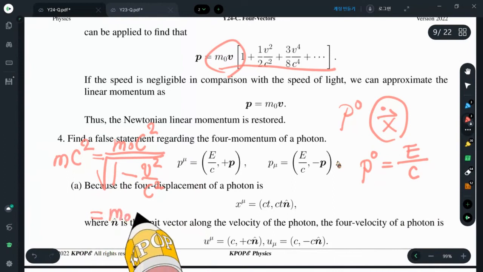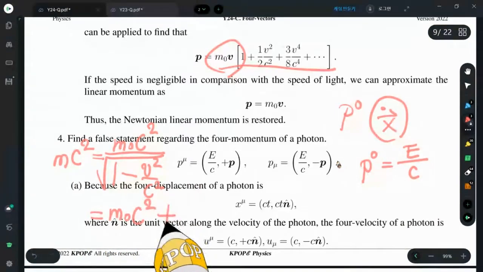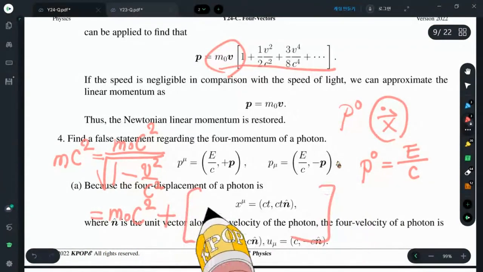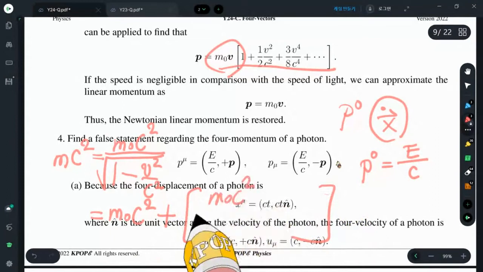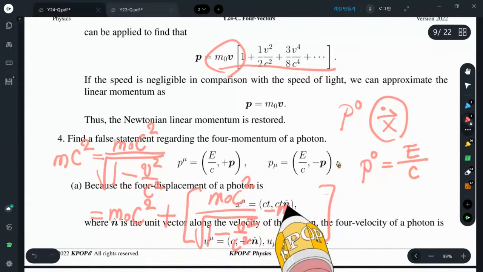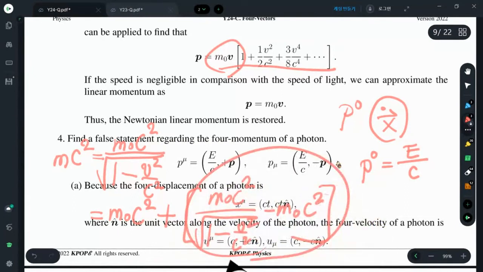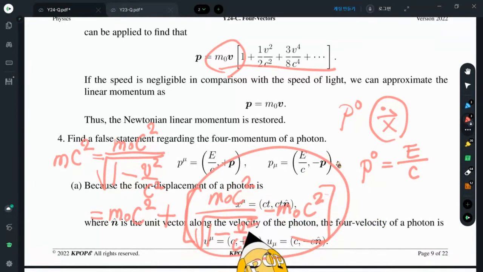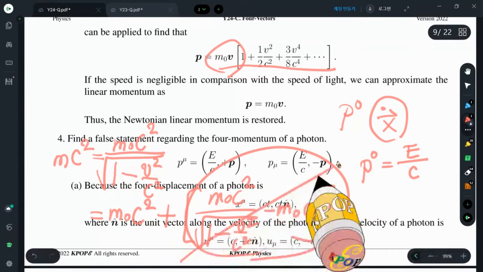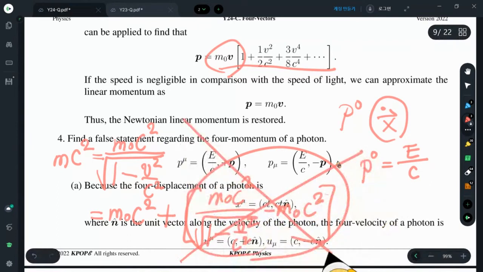Kinetic energy is m0 c squared over this one, subtracted by m0 c squared. This is the kinetic energy. And when v equals exactly 0, this kinetic energy vanishes.